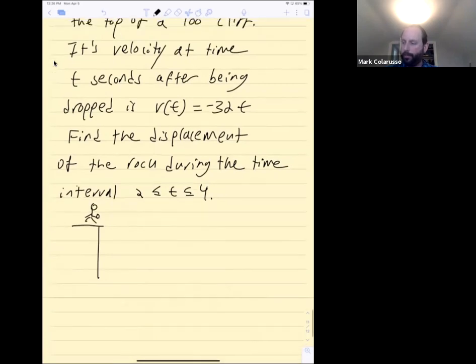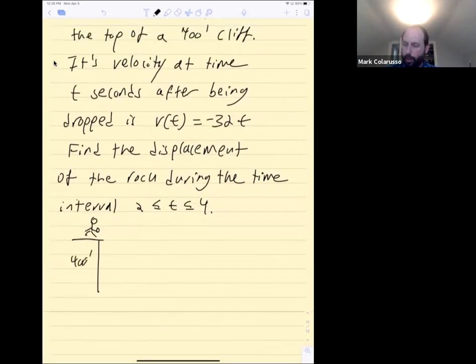You have this cliff. It's 400 feet. And you're dropping the rock. There it goes. The velocity is negative, so the positive direction is actually upwards in this example, which is kind of weird because it starts with a negative velocity. In other words, the displacement should turn out to be negative, traveling in the negative direction.